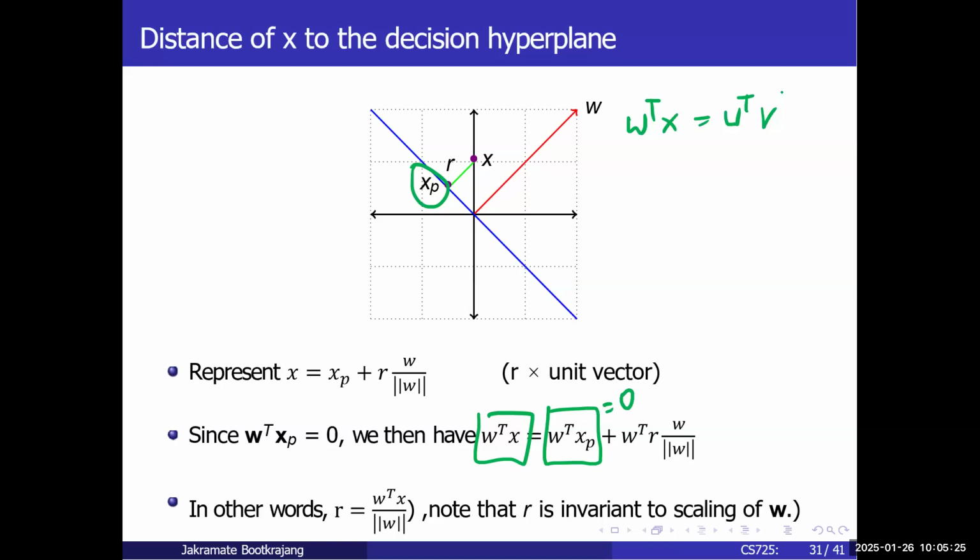W transpose times R, W over the norm of W. And so you have W transpose X, divided by the length of W. And R is the distance from the line to the point. And so this becomes a margin.